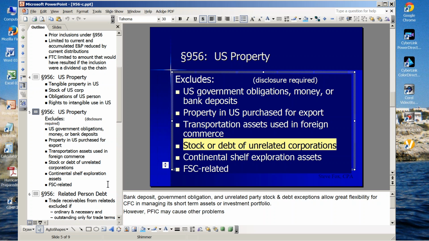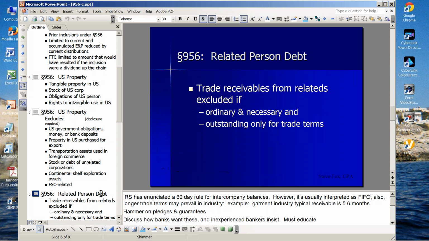So let's focus a little bit on this related person debt. If we loan money to a related U.S. person, say a consolidated return group member, then that loan to the related U.S. person by the CFC is an investment in U.S. property. What if we just have receivables from the related parties?